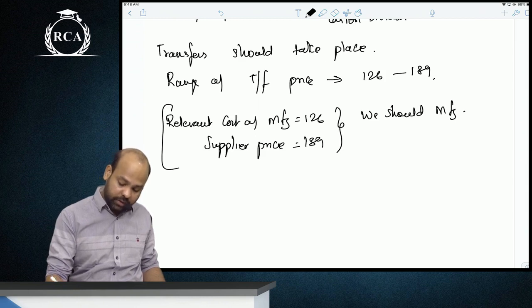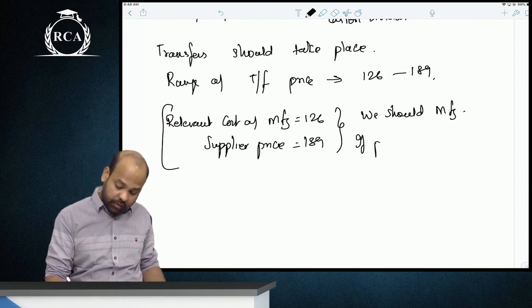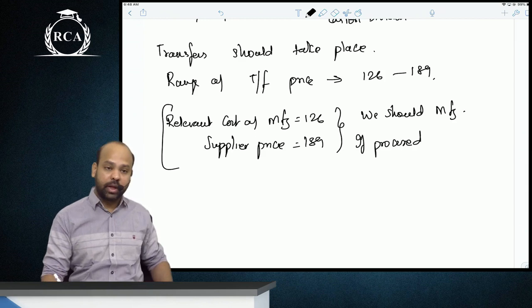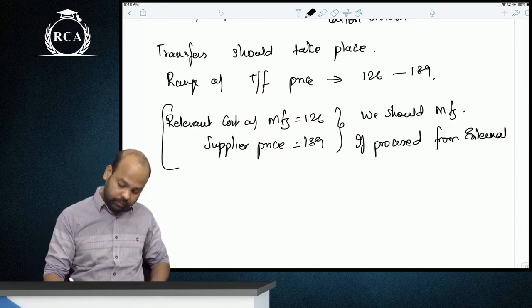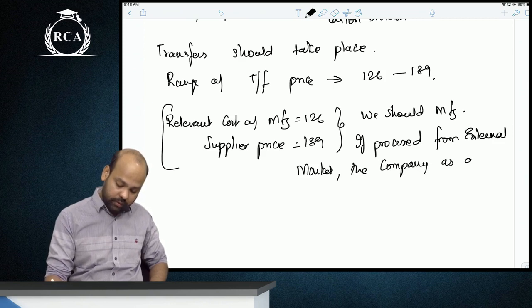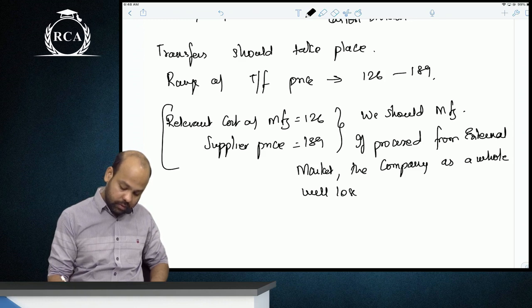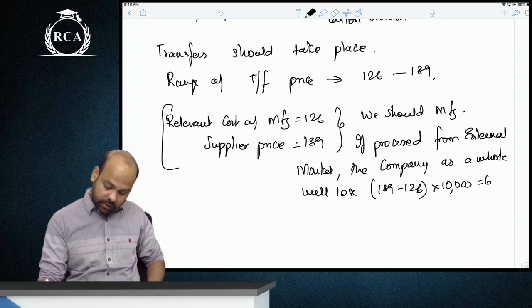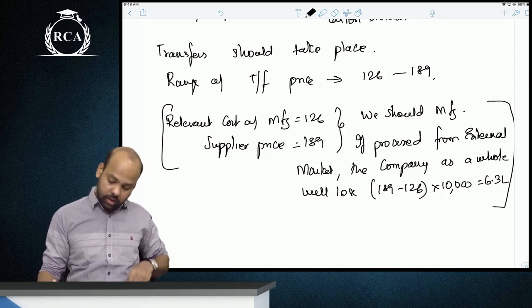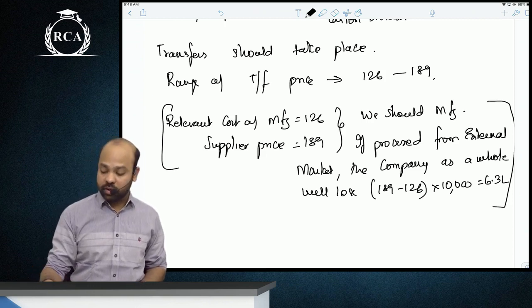In spite of this, guys, if procured from the external market, what will happen to the company as a whole? The company as a whole will lose 189 minus 126 into 10,000 kg, so that is 6,30,000.